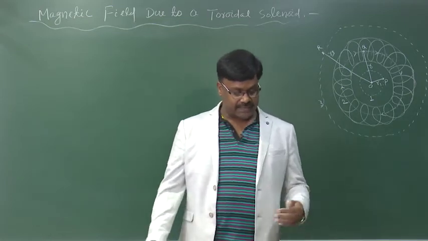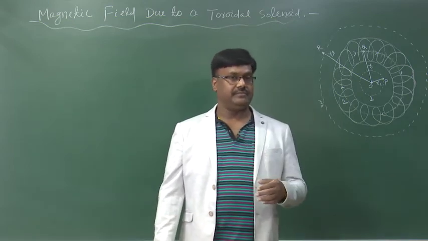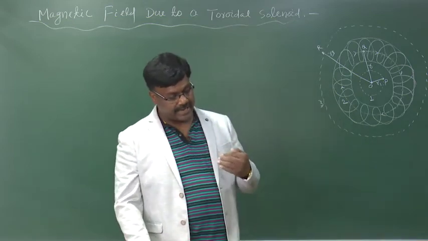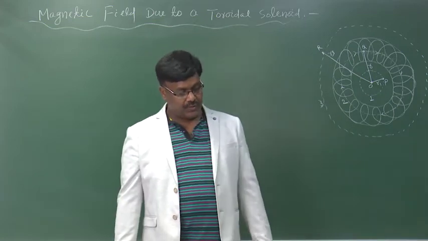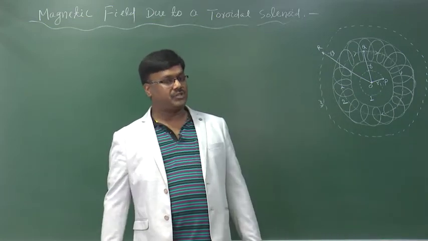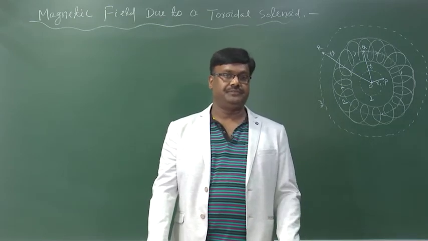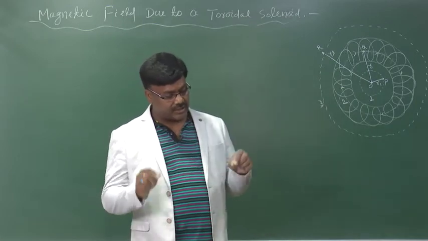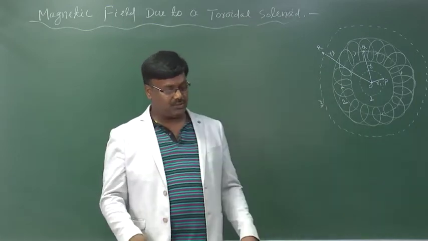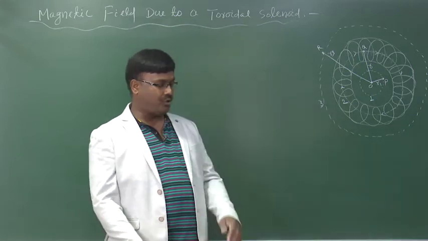So, a toroid is an anchor ring of a solenoid which has a large number of turns of a metallic wire wound. A solenoid bent into the form of a closed ring is known as a toroid.